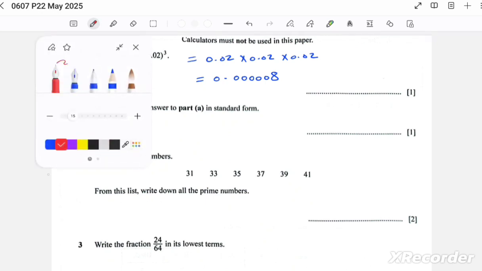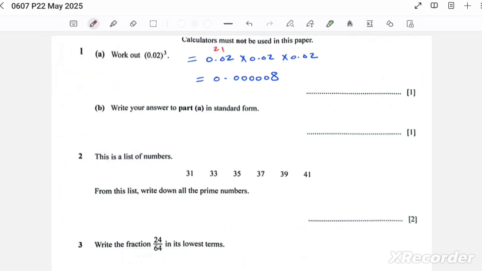As you see, this is 2 decimal places, 2 decimal places, 2 decimal places. So in total we have 6 decimal places. So when you write 8, from 2 times 2 times 2, which is 8, you have to make 6 decimal places. So this is 1, 2, 3, 4, 5, 6.